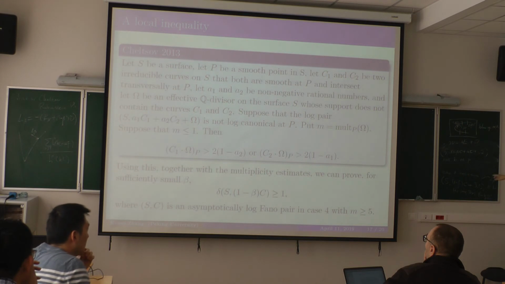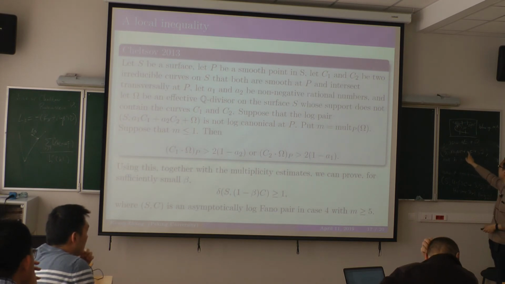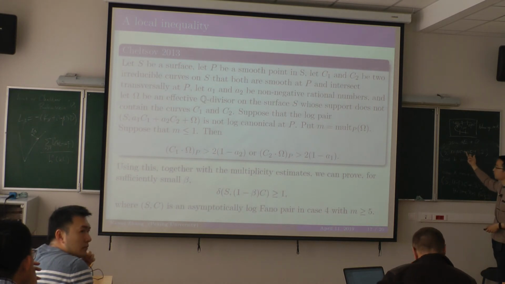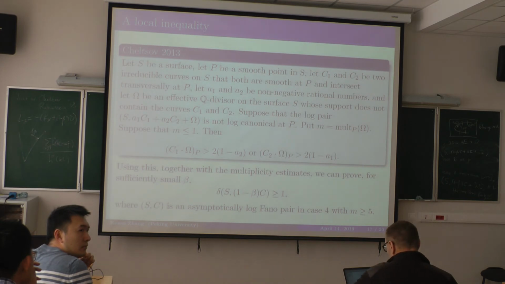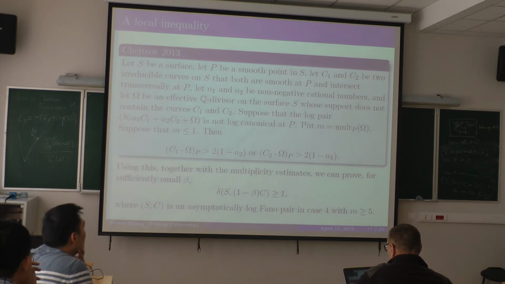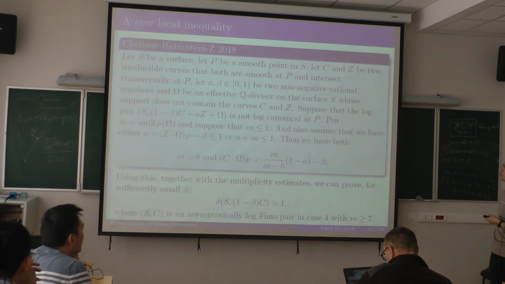But in our problem, there's a big difference, because the boundary curve C and the exceptional curve play different roles in the geometry. So if we use this symmetric inequality to take care of this problem, it's not going to work. So we have to develop some asymmetric inequality. That's what we do in our paper.